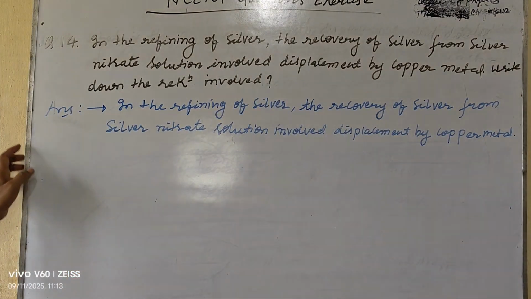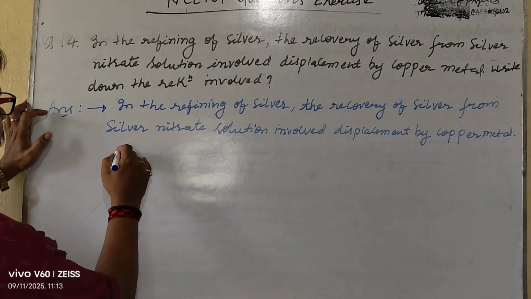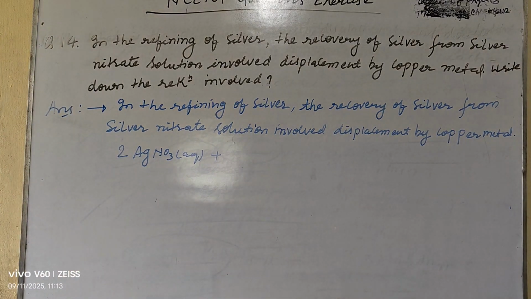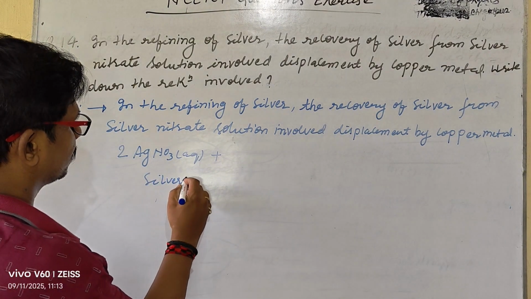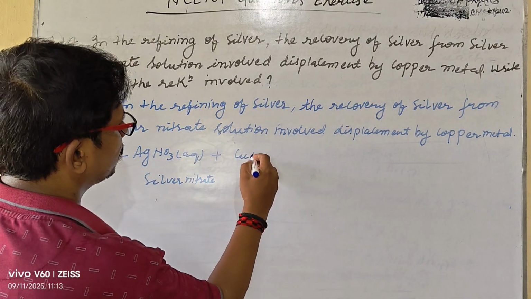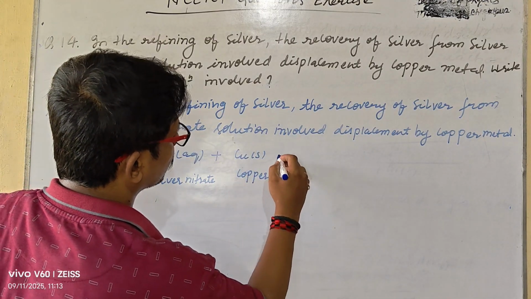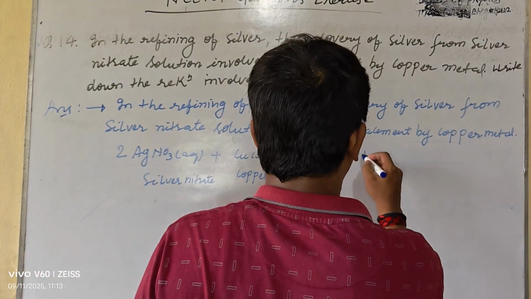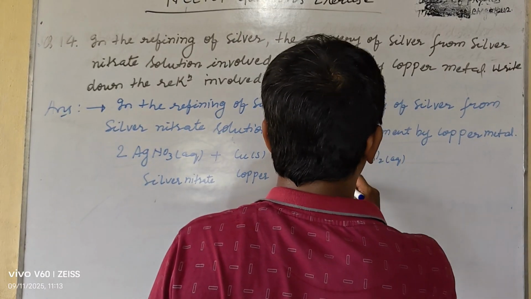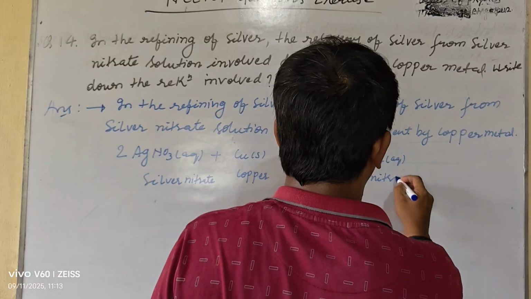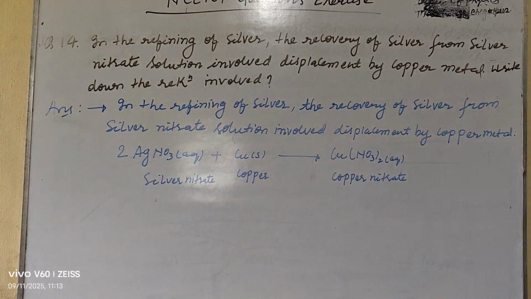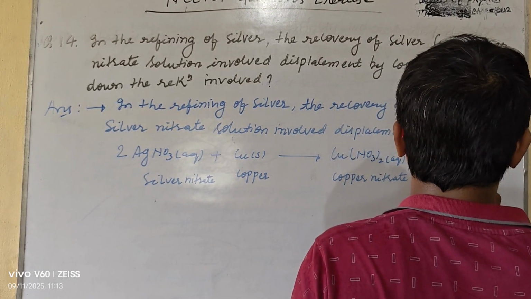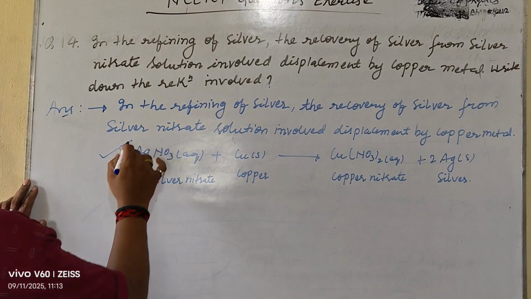How does it happen? They are going to ask you to write the equation. 2AgNO3, this is silver nitrate, plus Cu, this is solid, gives you copper nitrate, Cu(NO3)2 aqueous, plus 2Ag. This reaction is important.